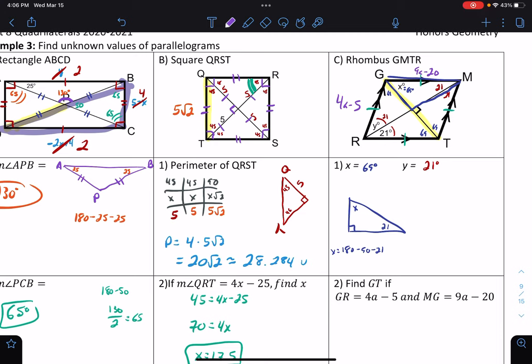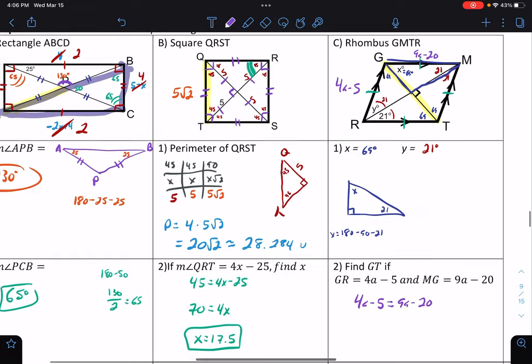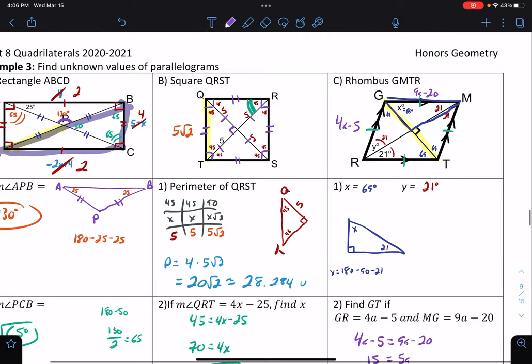All the side lengths are congruent to each other in a rhombus. So I'm just going to start by setting these equal to each other. Okay? So that's going to be 5a equals 15. So a is going to equal 3. So I'm going to plug that a back in. That's going to make every side length 7.